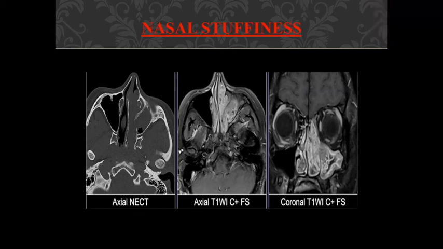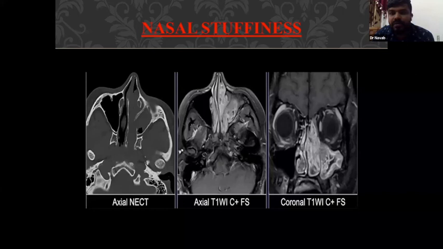Because the medial wall of the maxillary sinus is noted displaced medially with widening of the osteomeatal complex. What do you mean by that? So you are telling this is a case of, what is your diagnosis? Inverted papilloma. Okay.